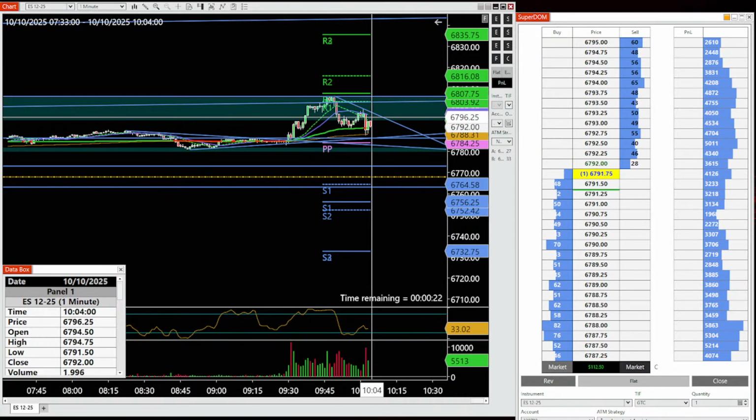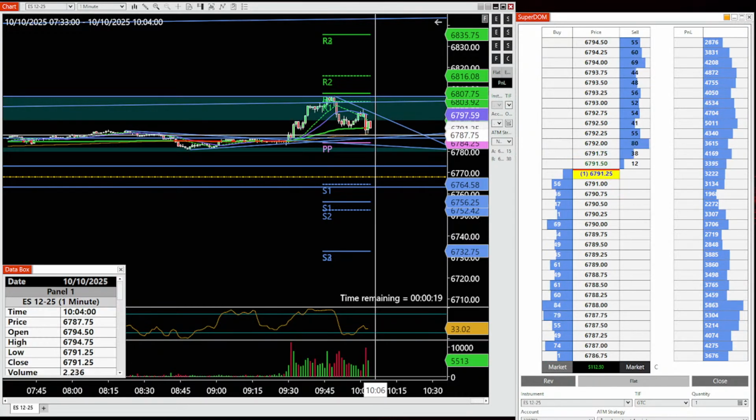Maybe in this range here, 94, 91 for a second. See which way we want to go.